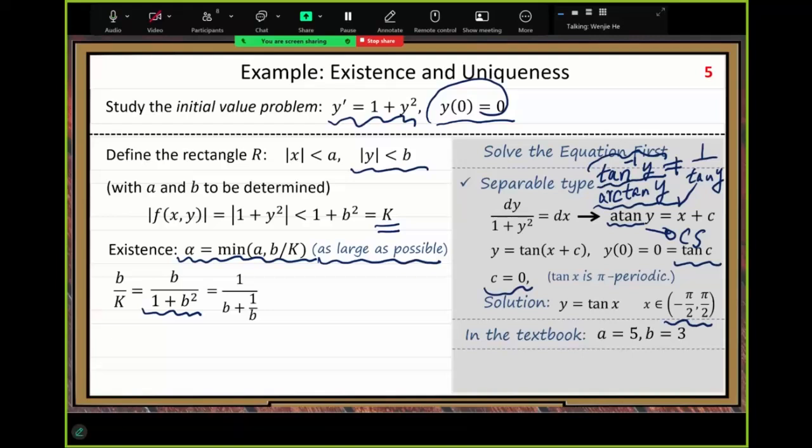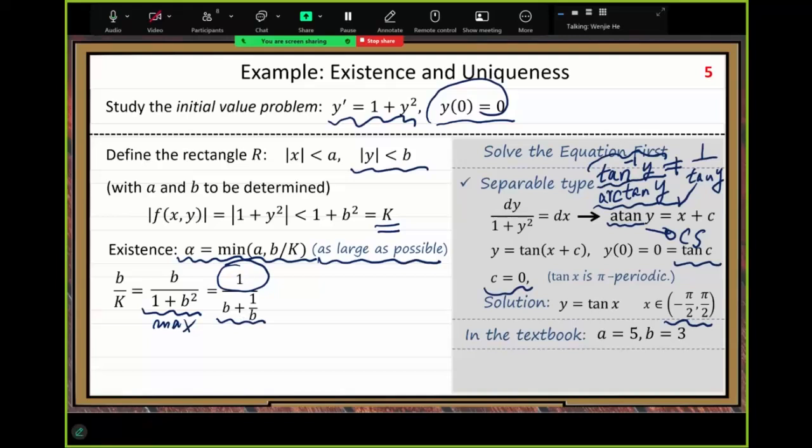And this time, the numerator is a constant 1, right? In order to get the maximum of the whole function, that's the same as getting a minimum of the denominator, because we know the smaller the denominator, the larger the fraction.